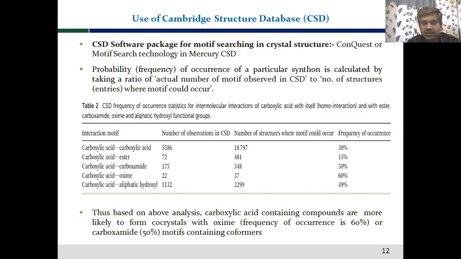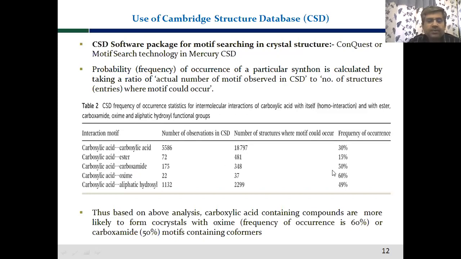So what this can help us with is co-former selection, in the sense that if you know the functional group that is present in your API, you can pick up a co-former which has a complementary functional group present in it, so that the probability of the formation of the motif increases. So if you have a drug with a carboxylic acid functional group, you could pick up a co-former which has an oxime group present in it, because that has the highest probability of occurrence.